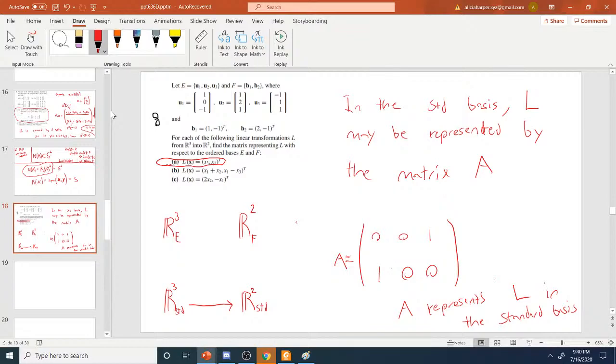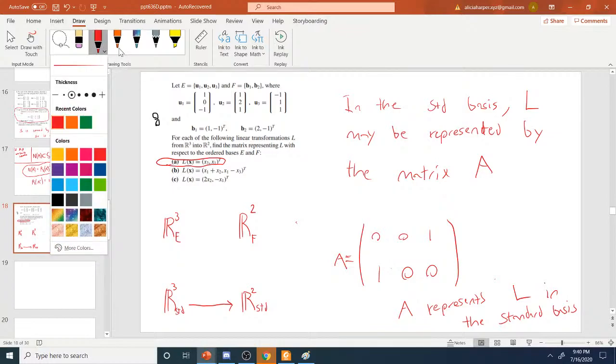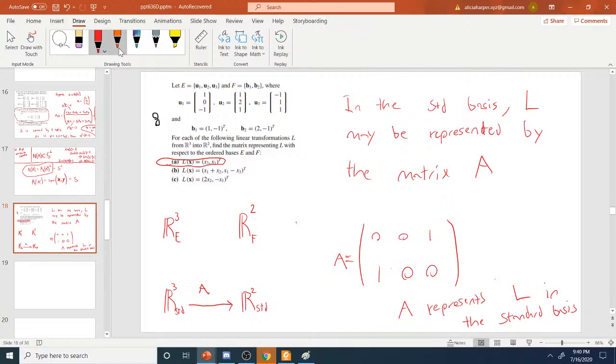Do I want to solve it this way? You could solve it almost in an analogous way to how you would solve similarity problems, which is you could put the matrix A here, and you could try to find change of basis maps.